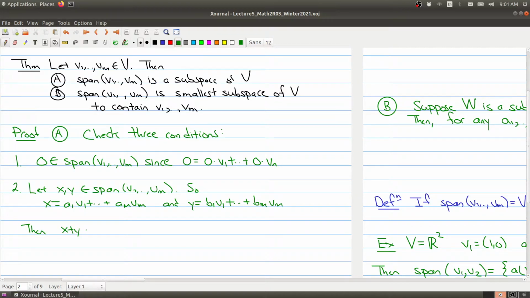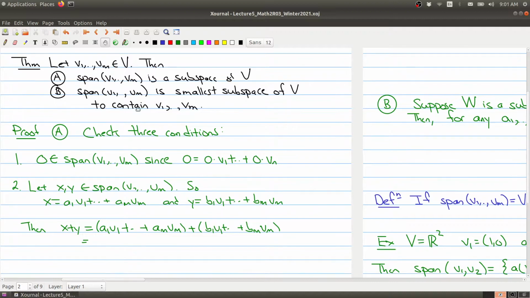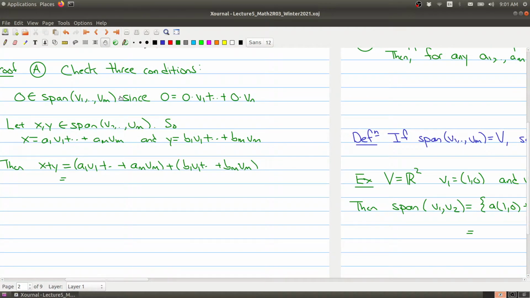So then x plus y is equal to a1 v1 up to am vm plus b1 v1 up to bm vm, where you can use the properties of a vector space to regroup the terms because addition commutes.